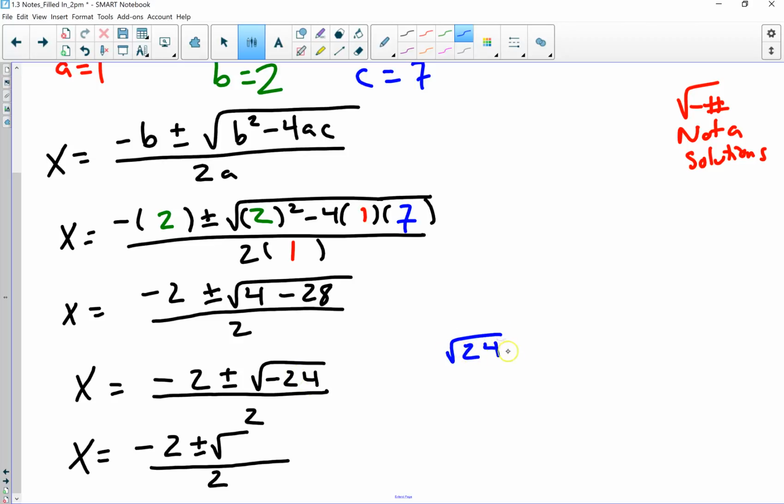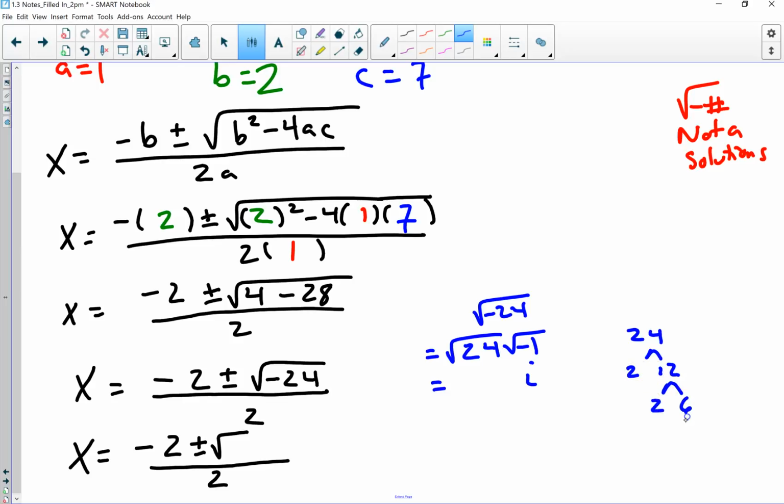So if I wanted to reduce the square root of negative 24, we would break it up as the root of 24 and the root of negative 1, so that my square root of negative 1 can become an i. And then 24, we want to go ahead and reduce that root. So what are we looking for? We're looking for two factors that would essentially be a square that we could pull outside of our square root. So I'm looking for 2 of the same factor.